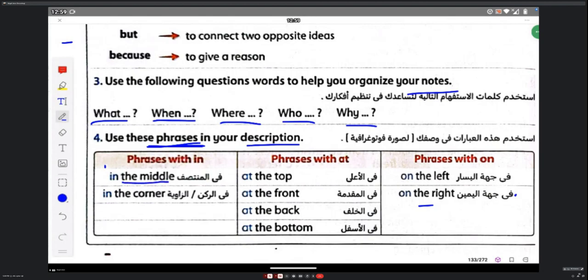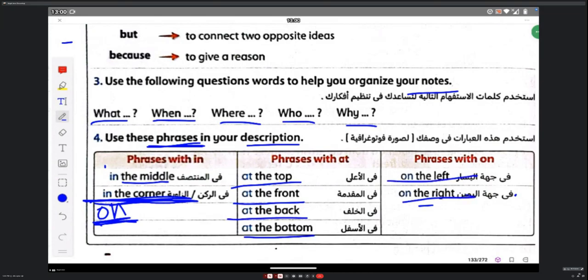In the middle of, in the corner, or on the corner, on your left, on your right. We use it for directions. In the corner, when we assign the exact place specifically. At the top, at the front, at the back, at the bottom, on the left, on the right, on the corner.